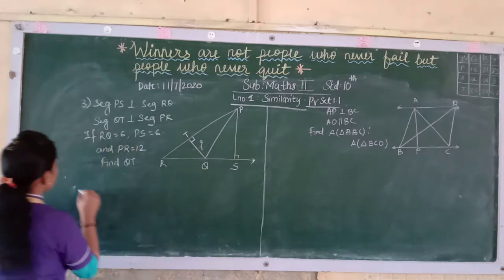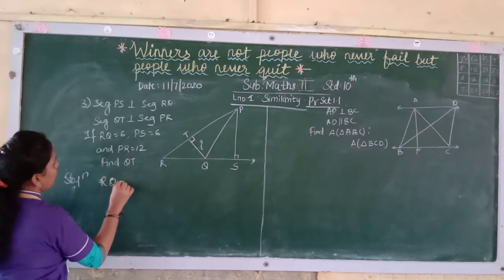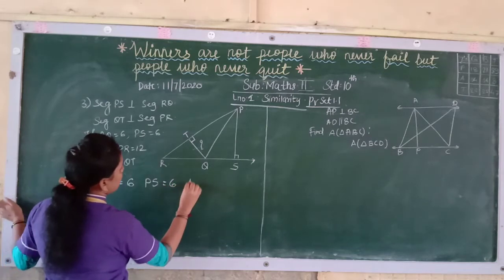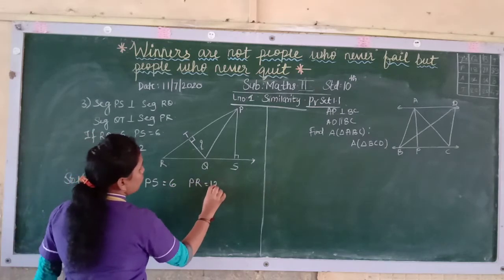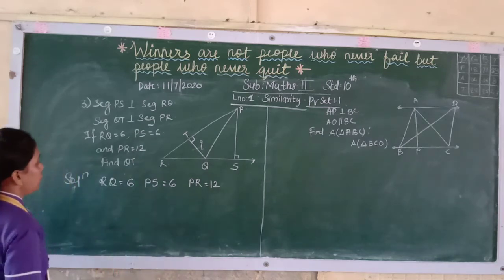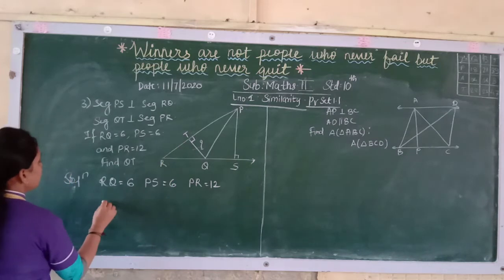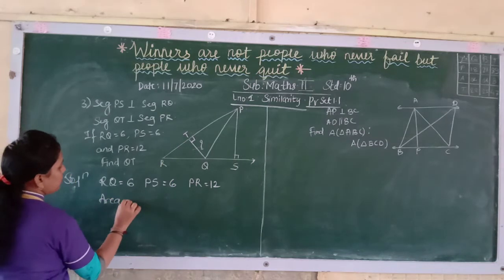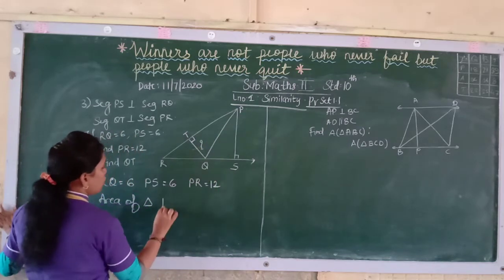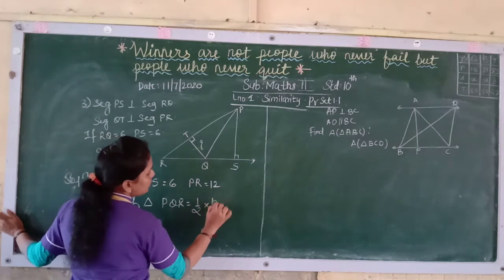So we'll start here. Whatever is given here, RQ is equal to 6, PS is equal to 6 and PR is equal to 12. It is on page number 6, the third sum. Now if we take the area of triangle PQR, you will get half into base into height.